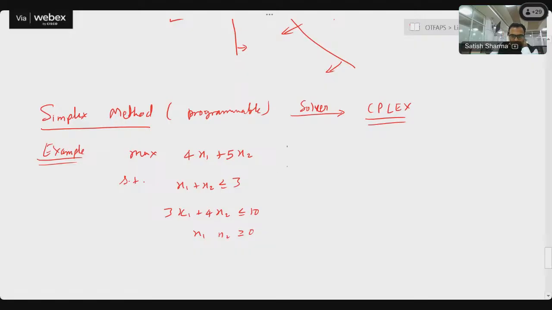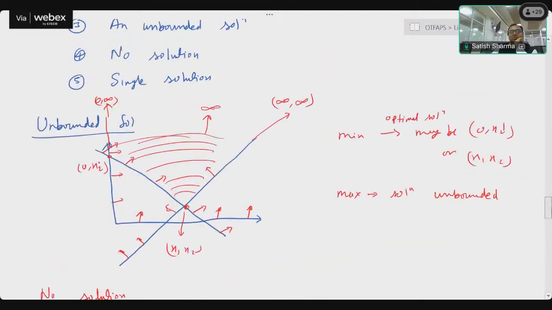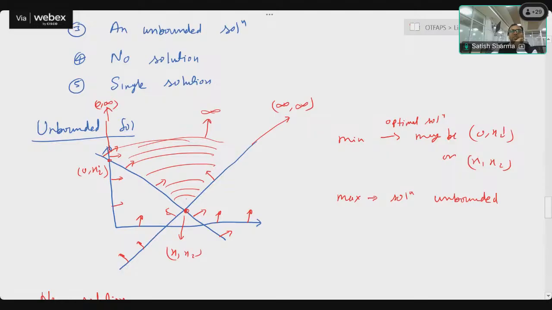Now, to apply this particular method, we have to convert this entire problem and get rid of these inequality constraints, because in linear programming, whenever we are trying to solve our objective function, the solutions are always on the boundary, not in between. Boundaries are basically points of intersection always.